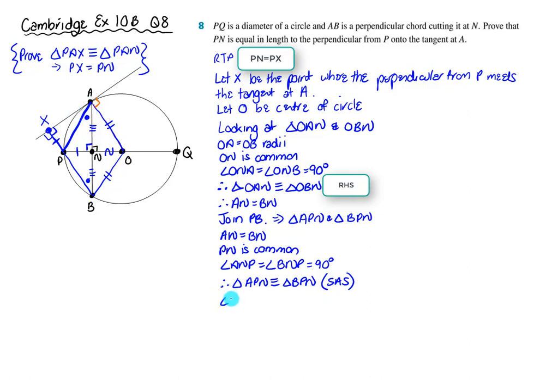So angle PAN equals angle PBN. Oops, I should write corresponding angles of congruent triangles.